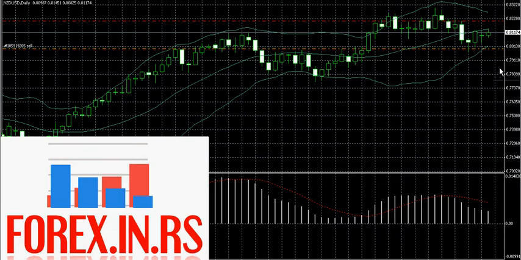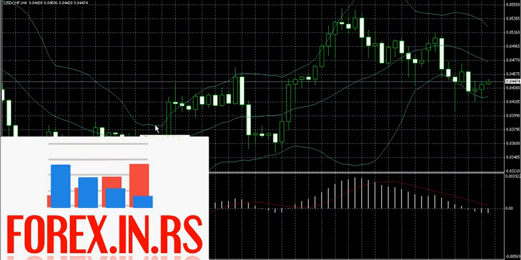So we predict a huge bearish trend for Kiwi too. These are the basic things. Euro dollar will be stronger in our opinion, and we can see other big movements.